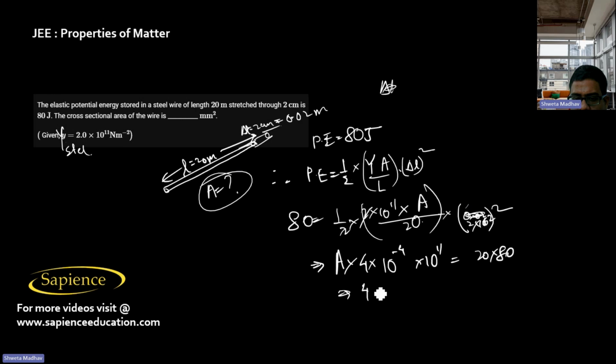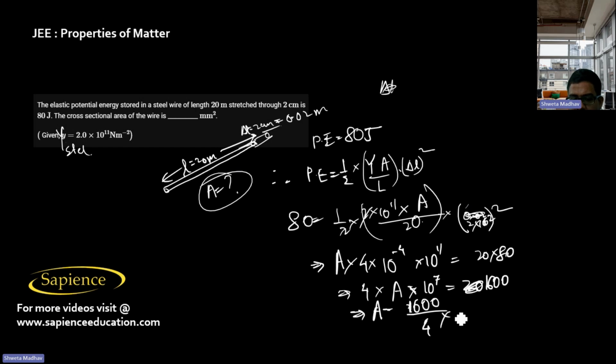Means that 4 into A into 10 power 7, since 11 minus 4 is 7, that is equal to 1600. So therefore A will be equal to 1600 divided by 4 into 10 power 7.